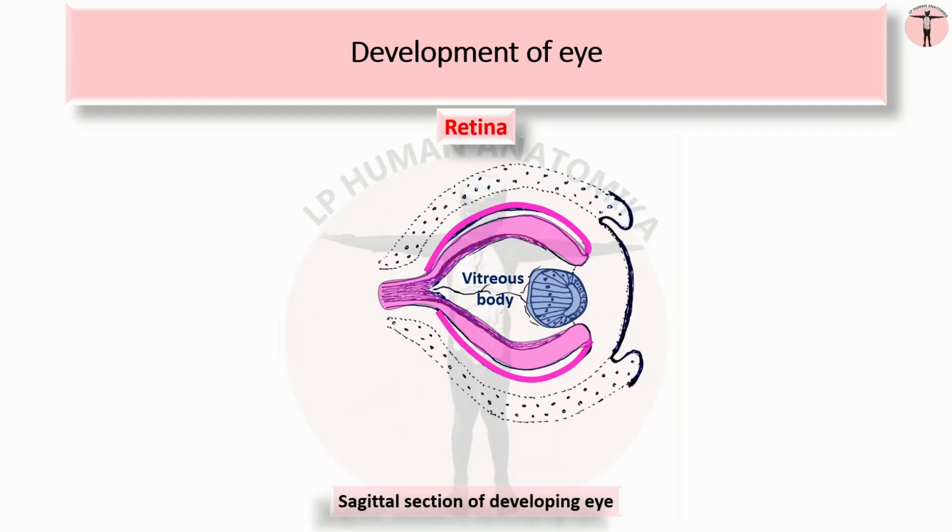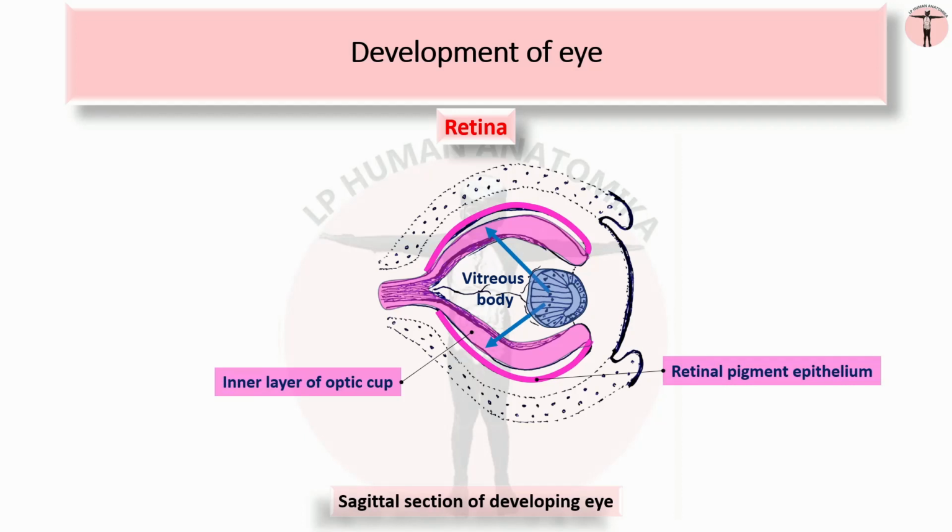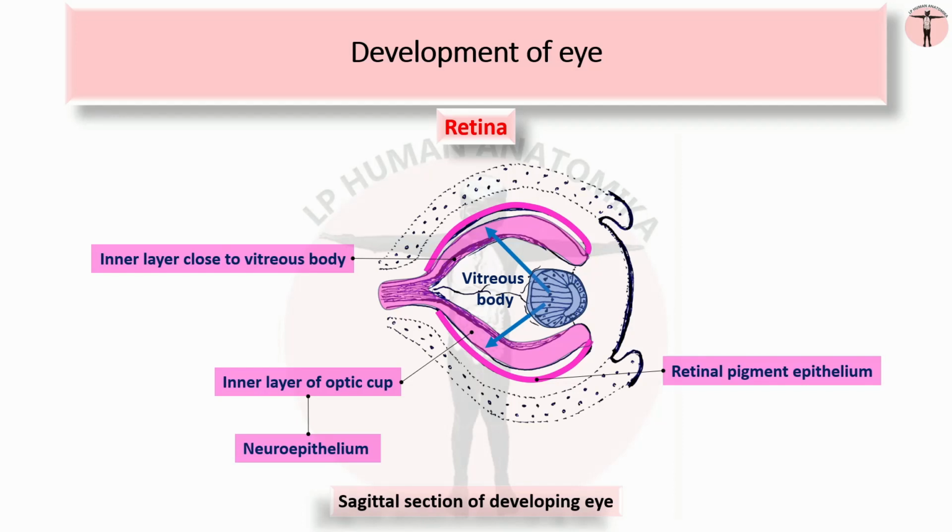Under the influence of the developing lens, the inner layer of the optic cup, close to the retinal pigment epithelium, proliferates to form a thick neuroepithelium. The inner layer, which is close to the vitreous body, develops into the nerve fiber layer.